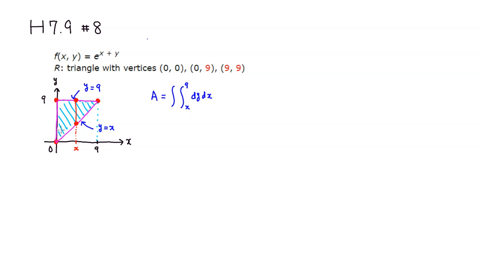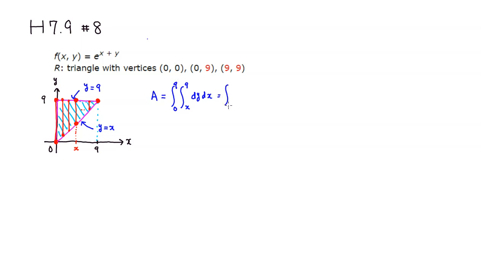Then we have to sweep the whole region, so we start from x equals 0. As you increase the x value, you cover that, and keep on going, all the way to x equals 9. So we have that. Now we can just evaluate it.